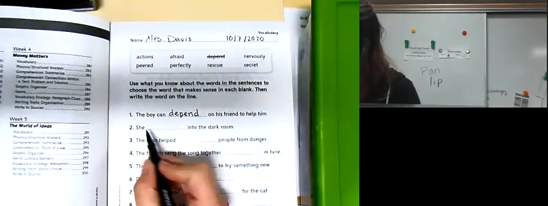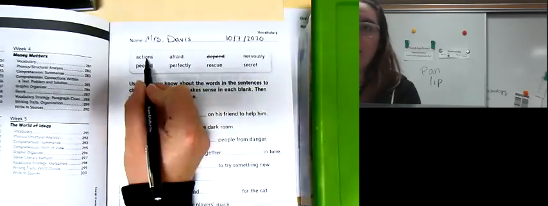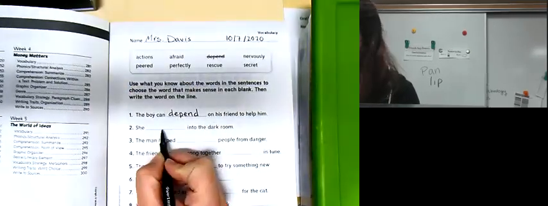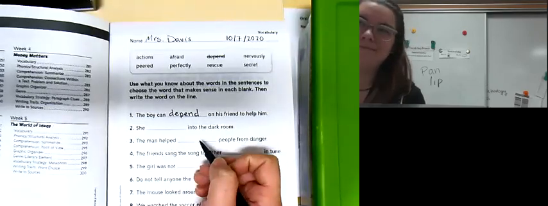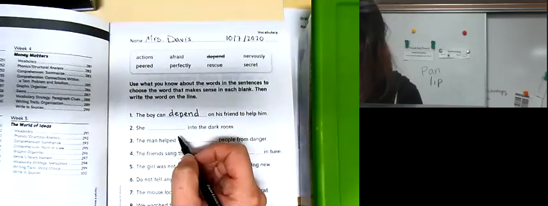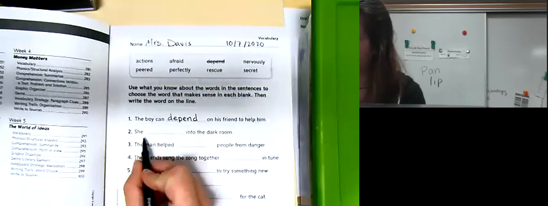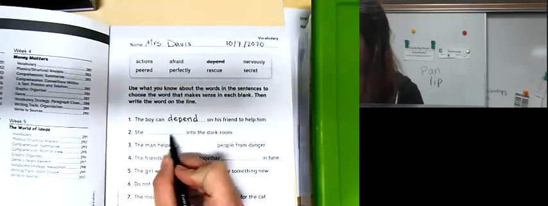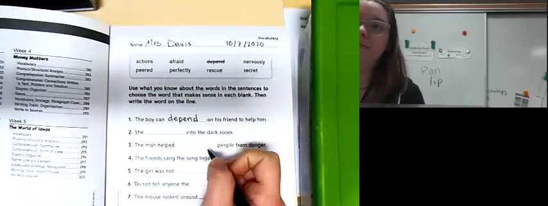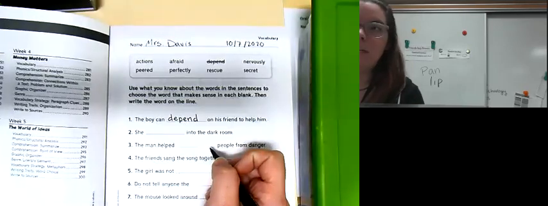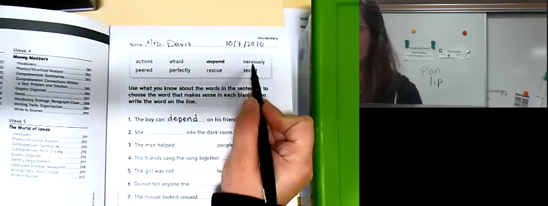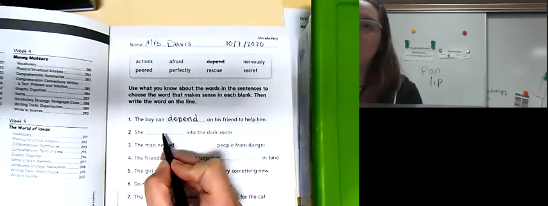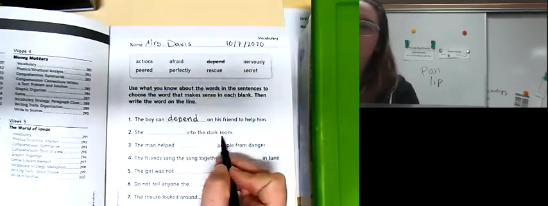Okay. All right, so we're going to start with actions again. She actions into the dark room. No, that doesn't make sense either. Let's do afraid. She afraid into the dark room. No, that doesn't make sense either. Let's do nervously. She nervously into the dark room.